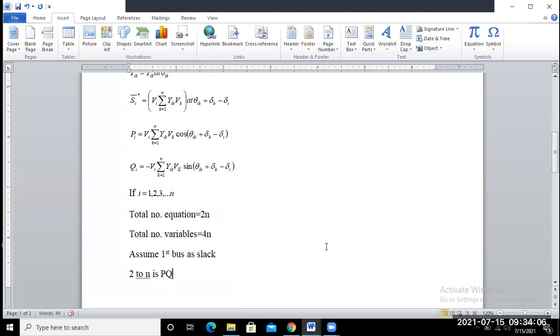As you know, in the slack bus, V and delta are specified, and P and Q are unknown. And in PQ buses, P and Q are specified, and V and delta are unknown.